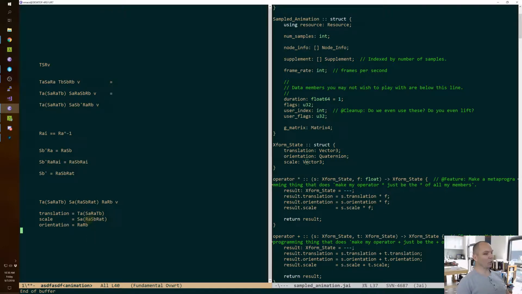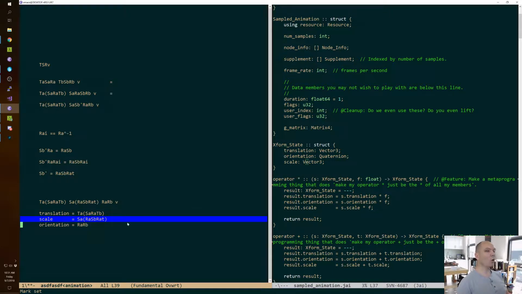This is a little bit squirrely. Here, RA, SB, RAT is, in general, a 3x3 multiply, another 3x3 multiply, and another 3x3 multiply. That sounds expensive. First of all, though, like we said, scale is almost never going to be anything but one.